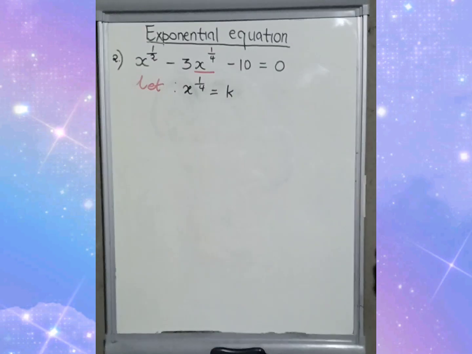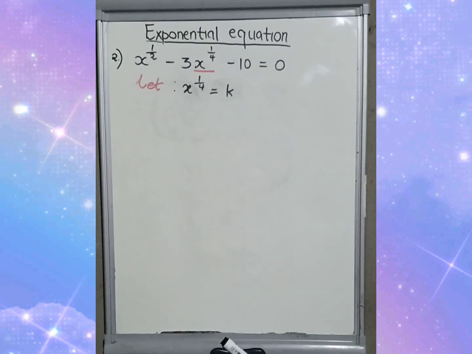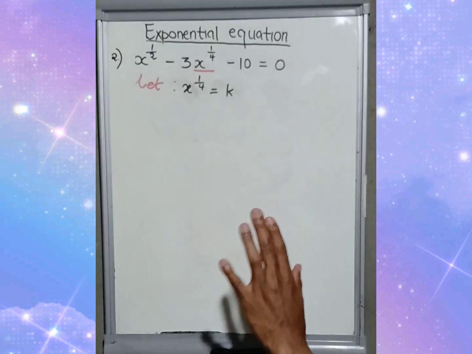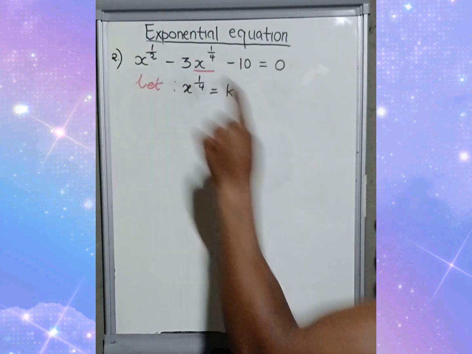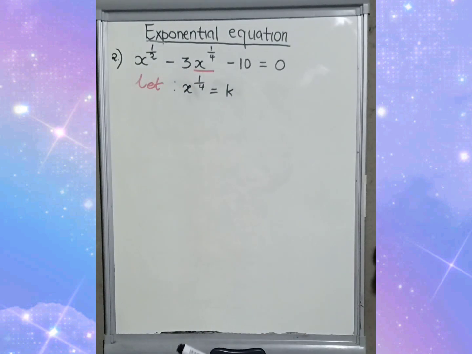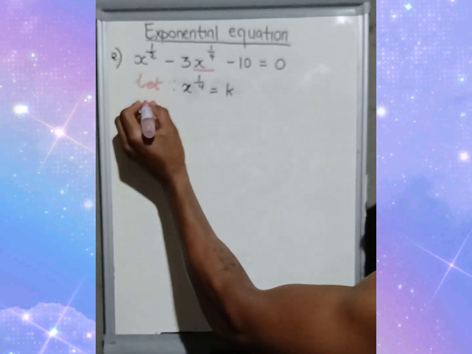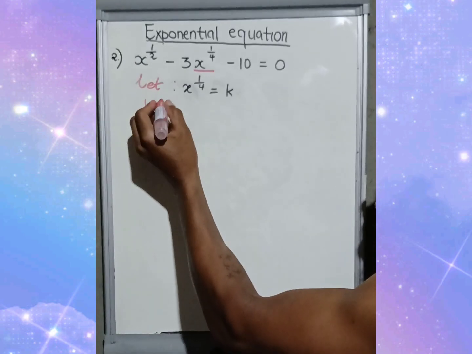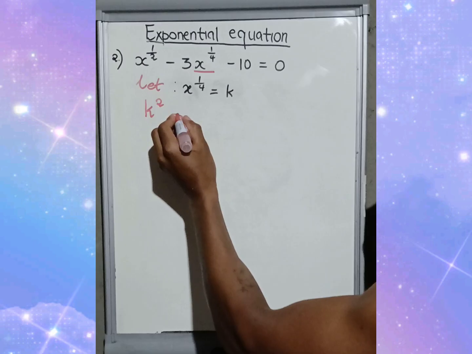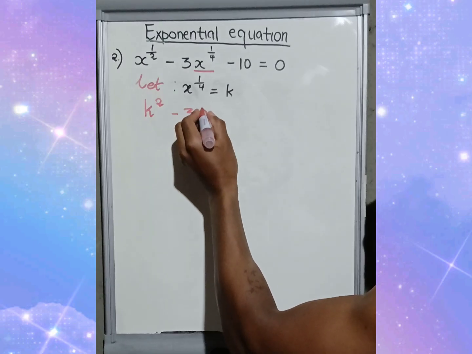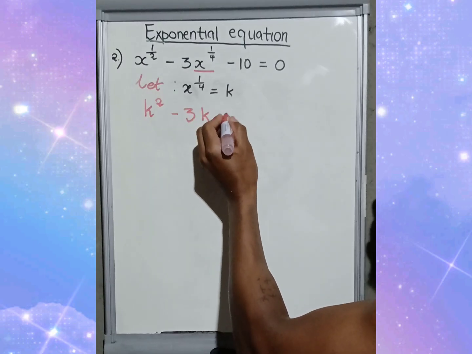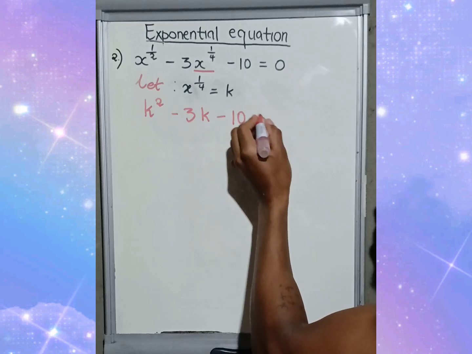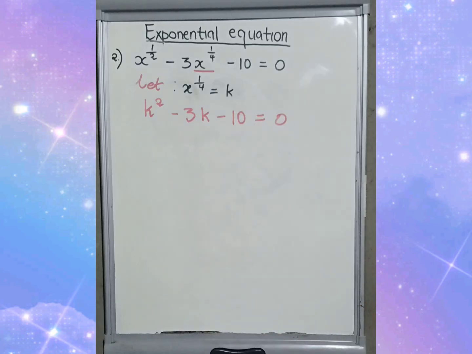Then after that, we substitute. What is going to happen here, Mr. Good? This is going to be k squared minus 3 times k minus 10 equals 0.